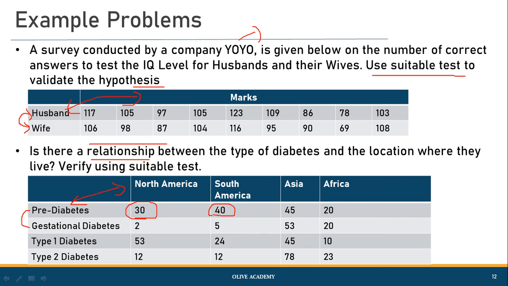If the question is asked in such a way that is there a relationship between the type of pre-diabetes and gestational diabetes and type 1 diabetes, the answer is no for chi-square, because you cannot apply that. Rather, you should find the difference using a different hypothesis testing like ANOVA. But in this question, the question is about relationship, and that's why we have to apply chi-square here.